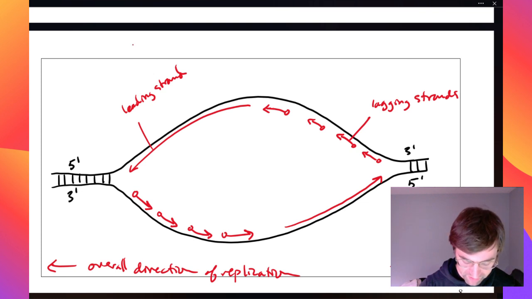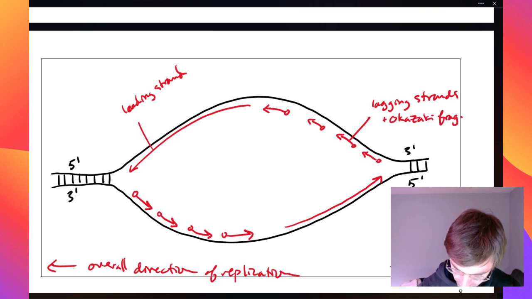We have our single-stranded DNA. Let's do, these are our Okazaki fragments. I want to see how they labeled this. Okazaki fragments.